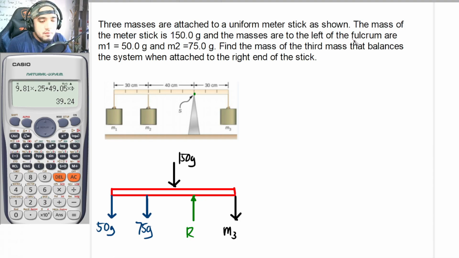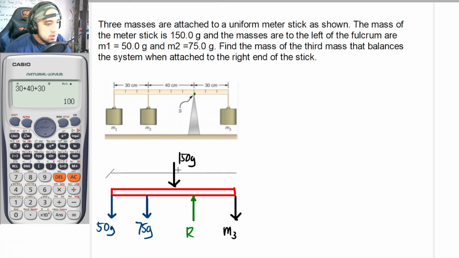If the center of gravity is not given, by default, it should act at the center of the stick itself. So if the stick is to be measured as 30, 40, 30, so this is basically 100 cm. If this is 100 cm, this should be 50 cm, and this should be 50 cm as well.